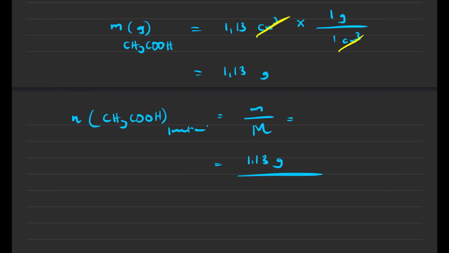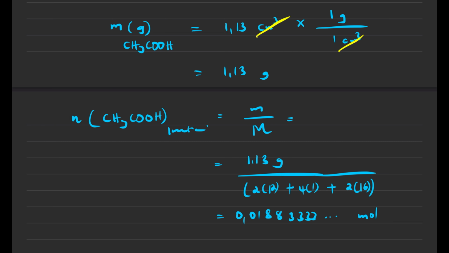And then the molar mass: 2 times 12 for carbon plus 4 times 1 for hydrogen plus 2 times 16 for the oxygens there. And then you get 0.0188333 moles of CH3COOH. This is the initial amount in moles, okay?